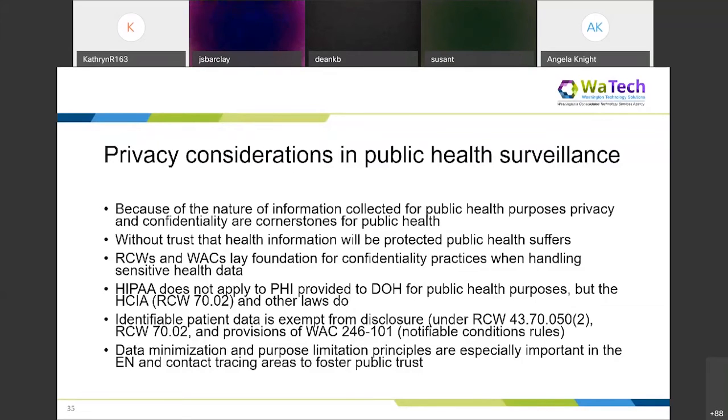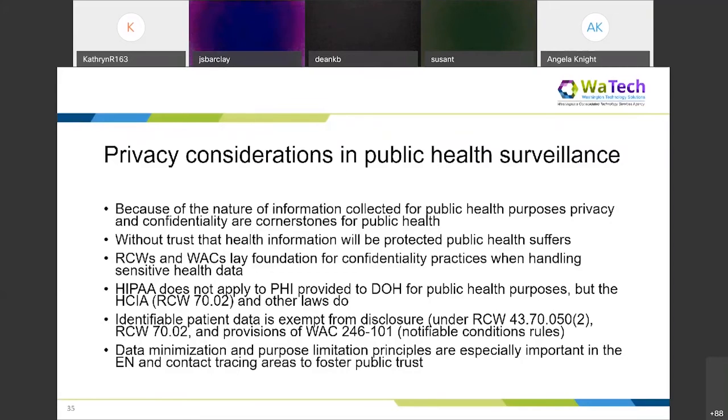So there are RCWs and WACs that lay the foundation for some of the confidentiality and practices for handling the sensitive information. But one thing that might surprise people is that HIPAA does not actually apply to the protected health information that's provided to DOH for public health purposes.